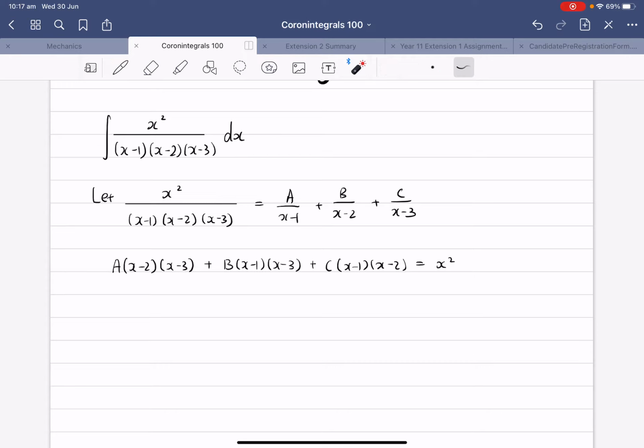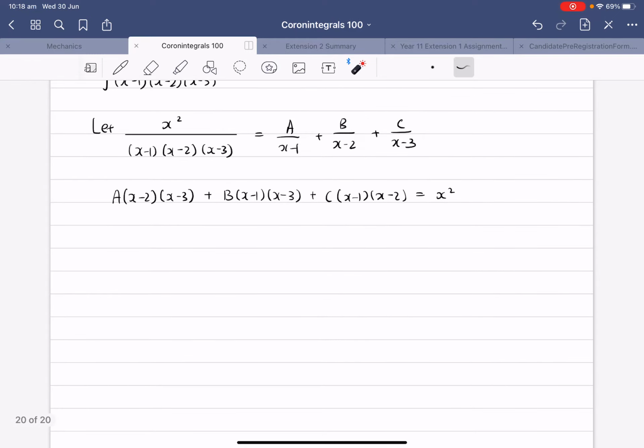How do I know I need to times a by x minus 2 and x minus 3? We need the same denominator for all three terms. Right now we already have x minus 1, so we multiply by x minus 2 and x minus 3 to get the same denominator as the left-hand side.